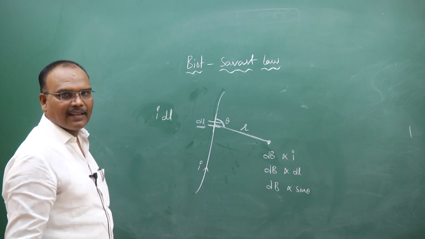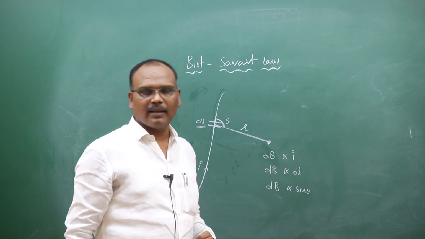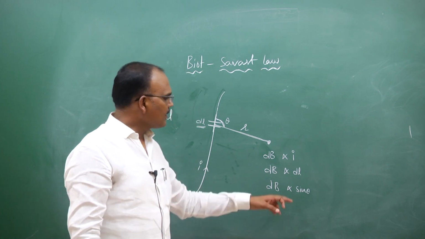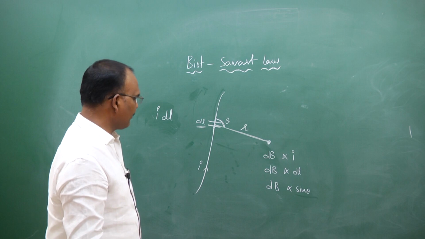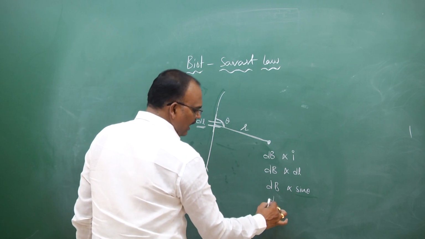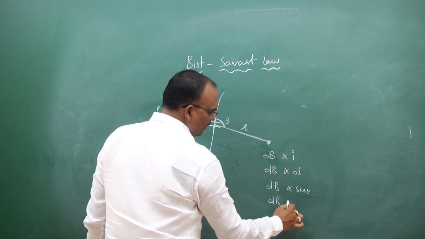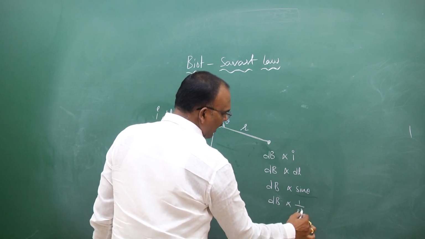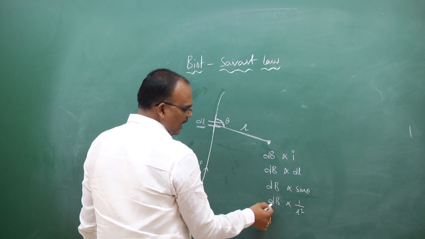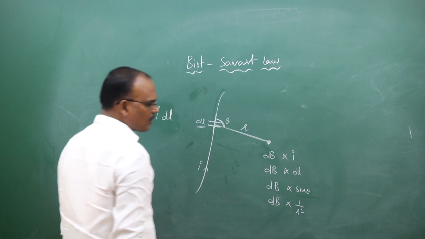Angle increases, sin theta increases, magnetic field increases. Sin theta is an increasing function. And the magnetic field at this point is inversely proportional to the square of the distance, proportional to 1 by r square.